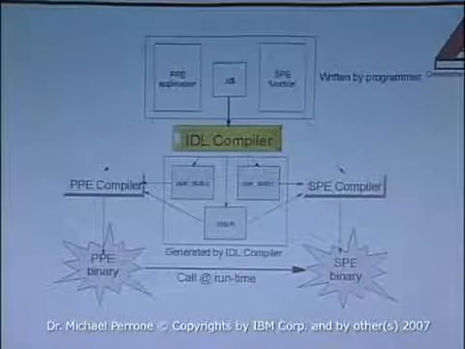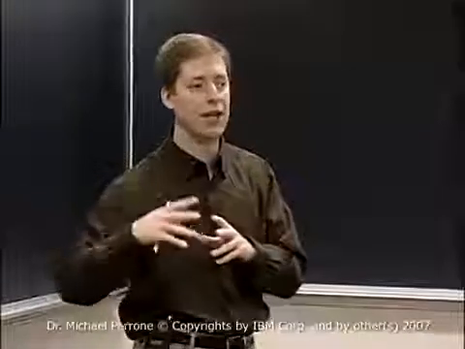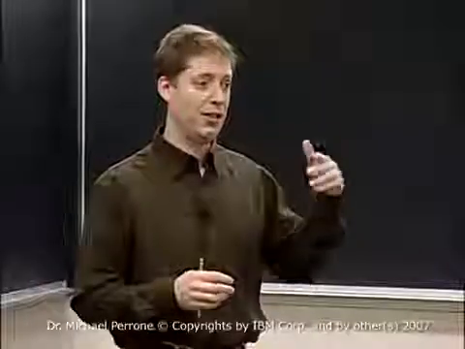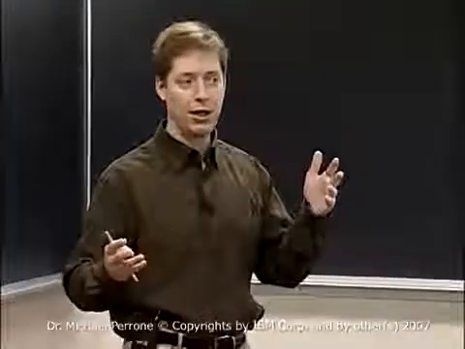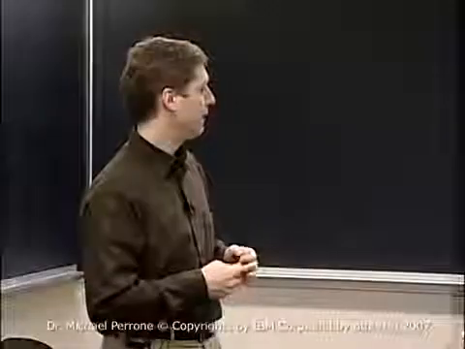And when the PPE code spawns a thread, it's going to take a pointer to this code and basically DMA that code into the SPE and tell the SPE to start running. Once it's done that, that thread is independent. The PPE could kill it, but it could just let it run to its natural termination, or this thing could terminate itself, or it could be interrupted by some other communication. But that's the basic process. You have these 2 pieces of code.